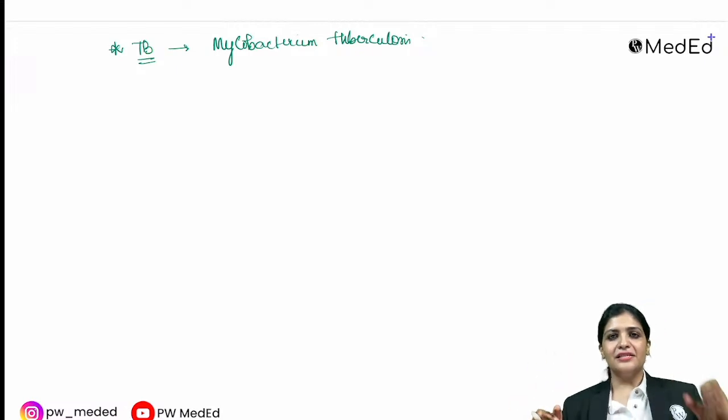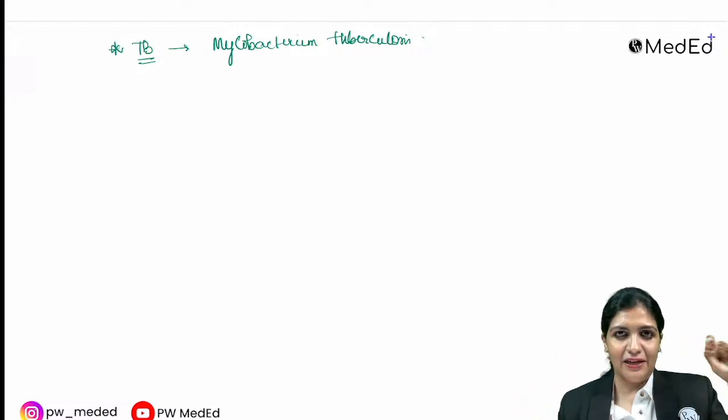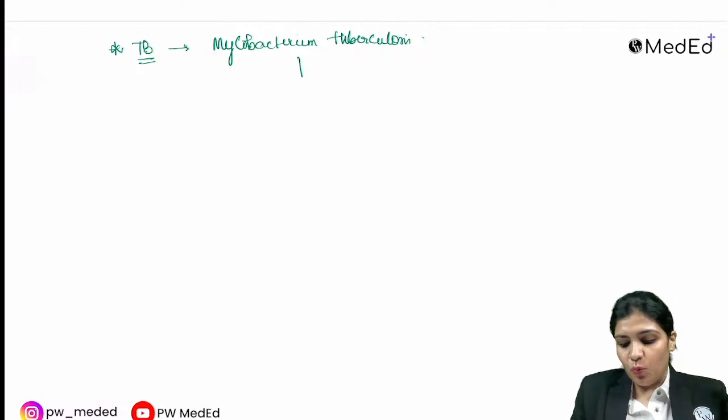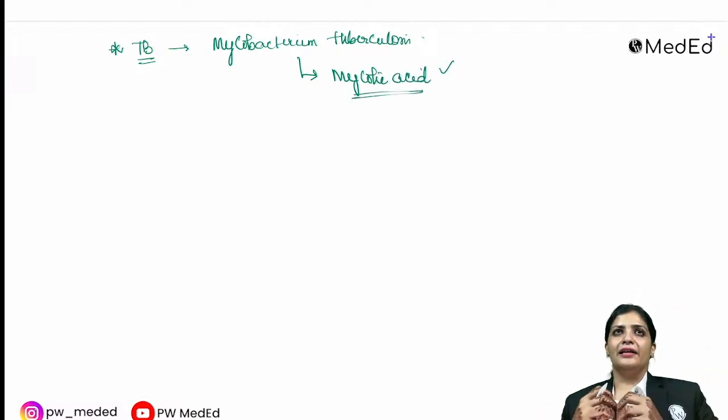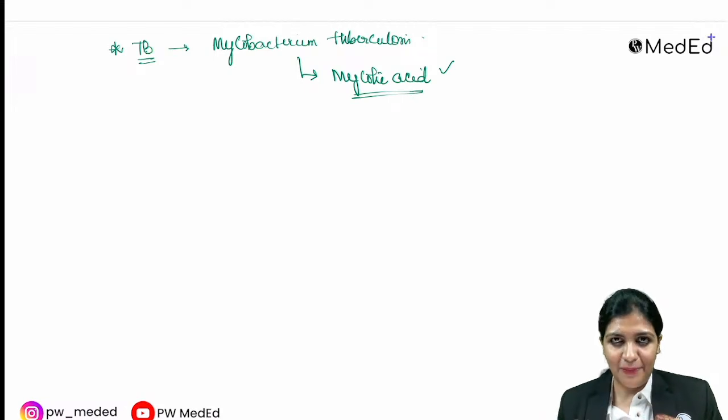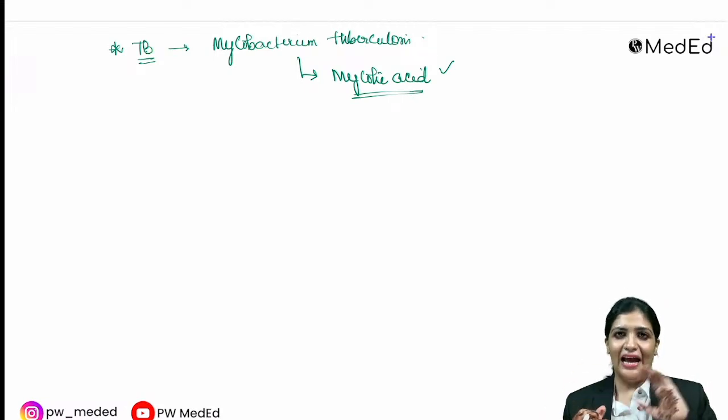First, tuberculosis is caused by the organism Mycobacterium tuberculosis. And why is this so special? TB has been a very dreadful disease in the past because there were no medications acting against it, and you can't easily culture this TB.